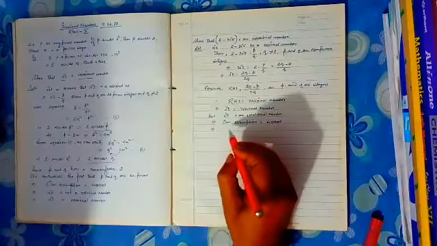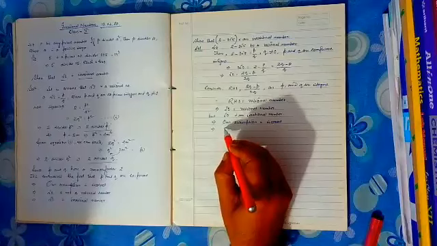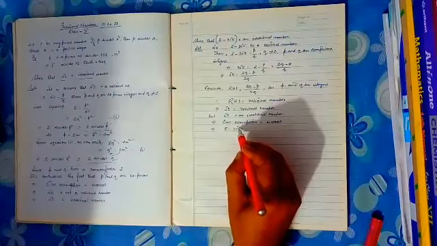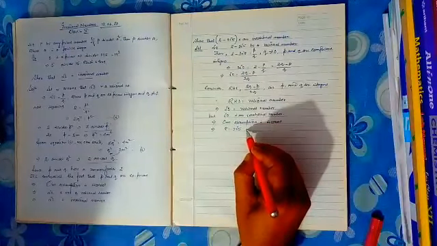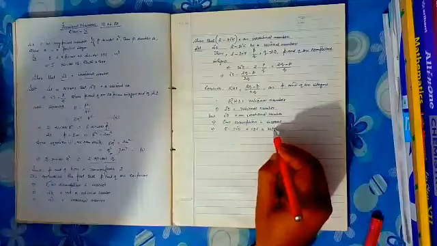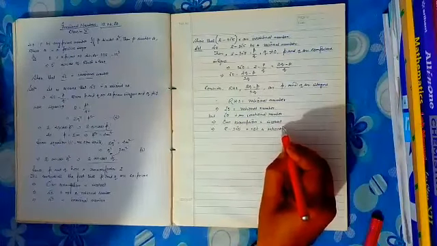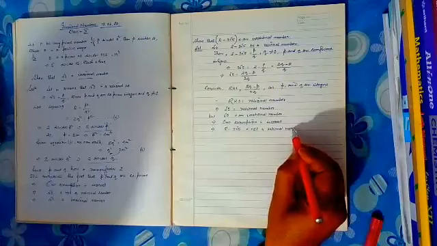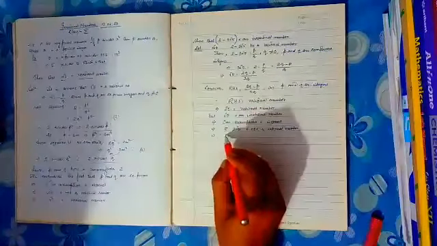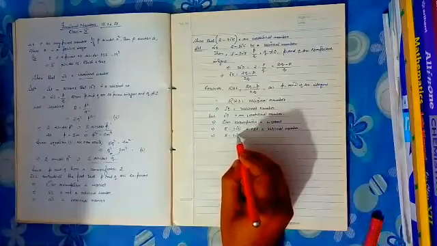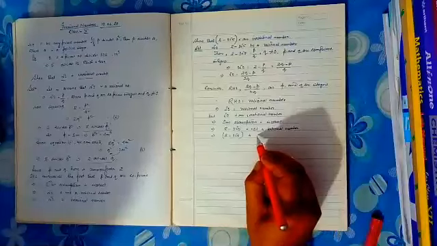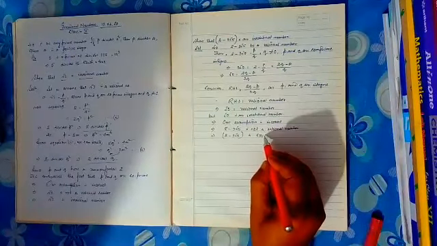Which implies that 2 minus 3 root 5 is not a rational number. Which implies that 2 minus 3 root 5 is an irrational number.